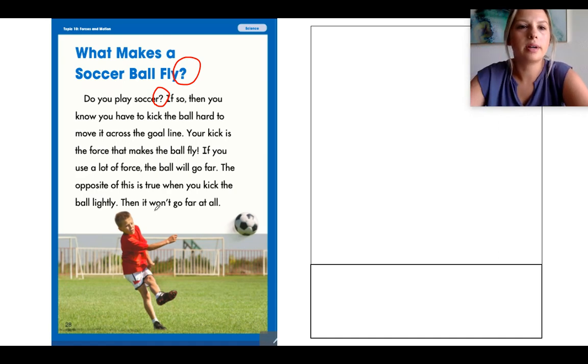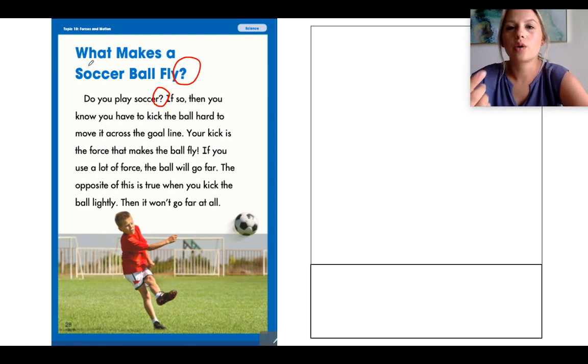All right, let's do an echo read. So get your finger, put it underneath the title in blue. And remember, we're going to ask questions when we see question marks, so make sure you're reading like you're asking a question. Here we go. What makes a soccer ball fly? Do you play soccer?